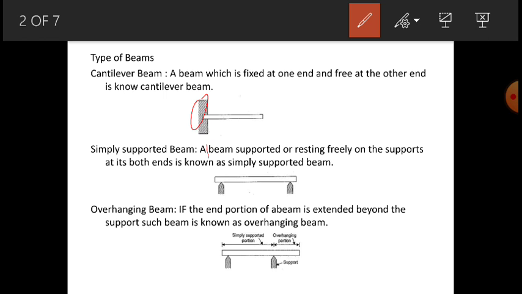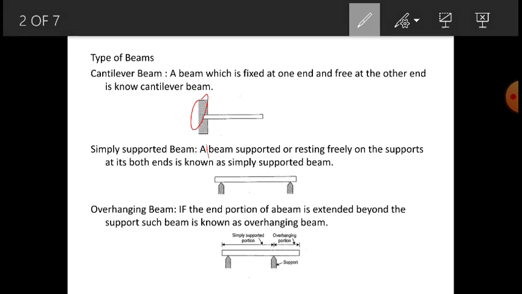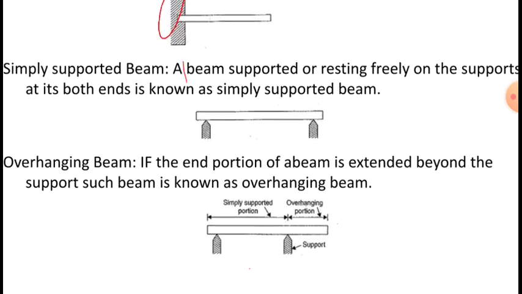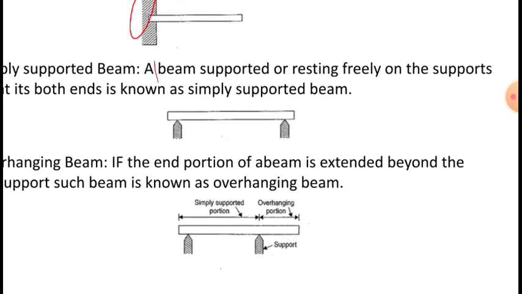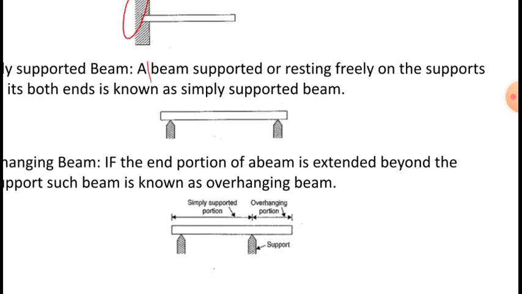Next is the overhanging beam. In the case of an overhanging beam, one end of the beam is extended beyond the support, like a cantilever. That beam is called an overhanging beam.